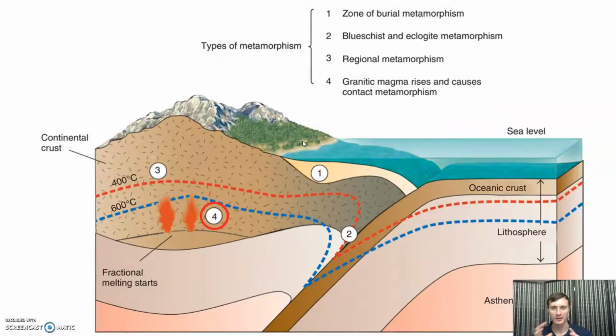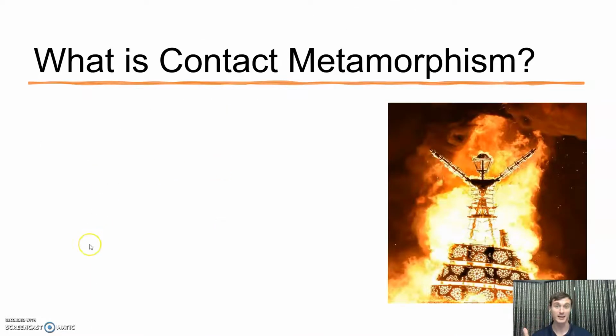So here is another diagram showing something very similar, right? We have our subducting plate, we have our continent, and then underneath, where we have this zone of melting and magma generation, this is where we get our first type, contact metamorphism. So what exactly does this mean? What is contact metamorphism?